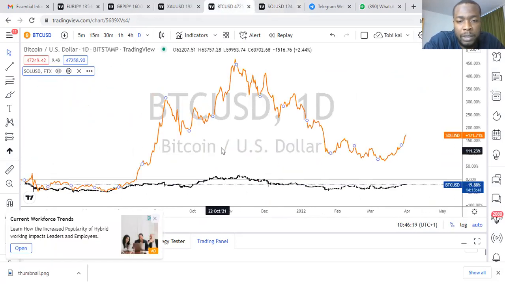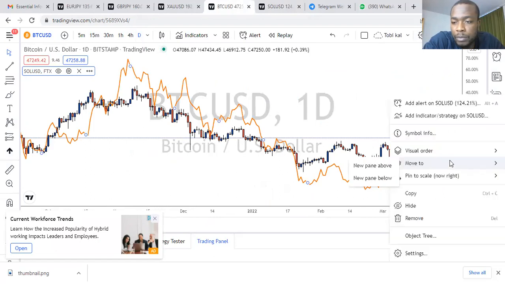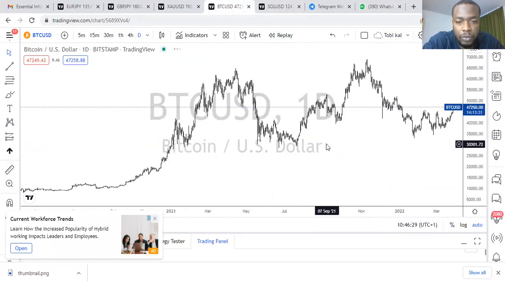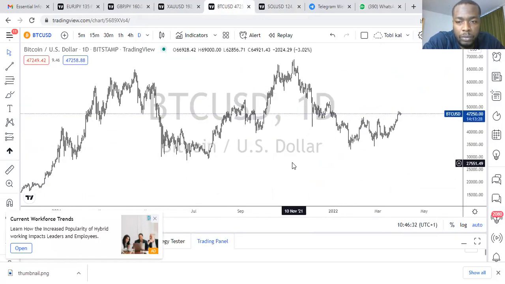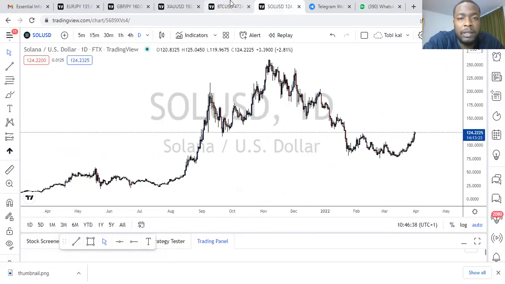This is BTC USD on the daily time frame. Can you see the similarity in the chart?